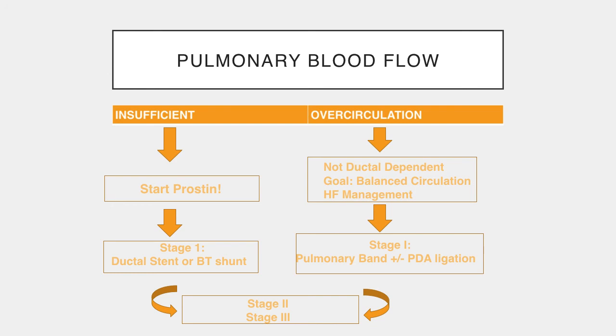So you can imagine tricuspid atresia versus hypoplastic left heart. Tricuspid atresia, you have a normal sized LV. Hypoplastic left heart, you have a hypoplastic LV. The tricuspid atresia patients in general will do better because that single ventricle, your LV, is more equipped, more adapted to handle that systemic blood flow.